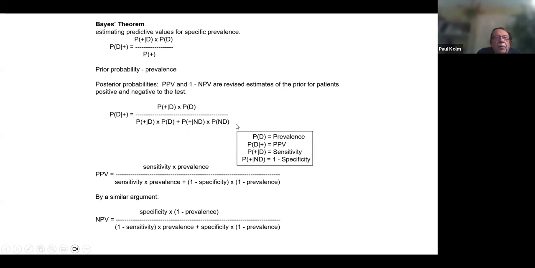So I've given the formulas here. I'm not going to go through these in any detail. You'll have the slides to look at, and you can find these in any textbook. But given a particular prevalence, we can recalculate the predictive values, both the positive predictive value and the negative predictive value.